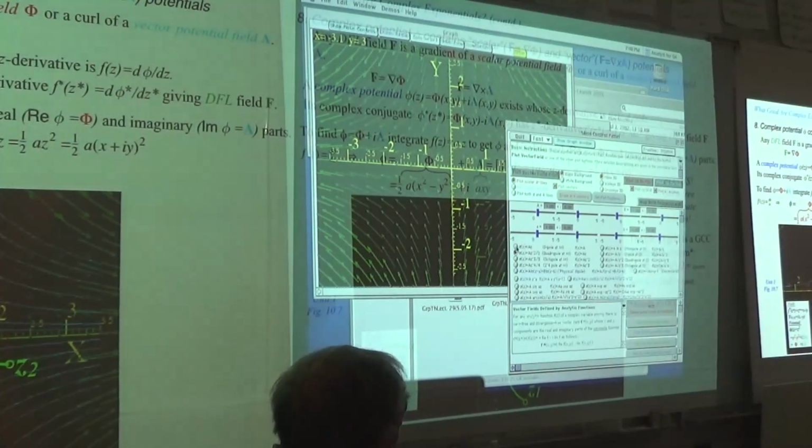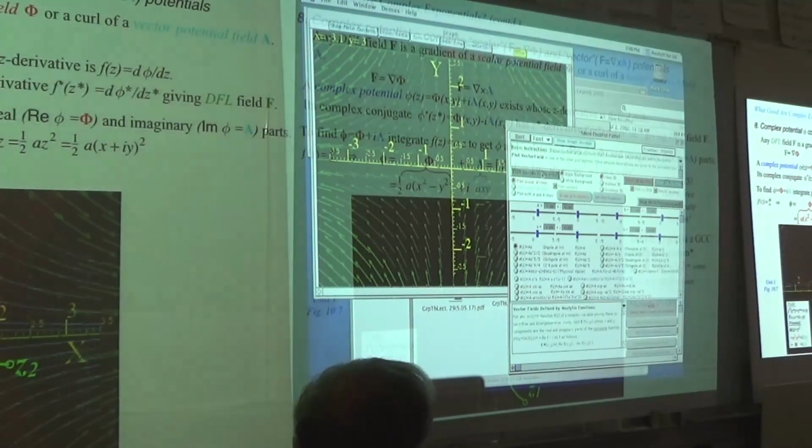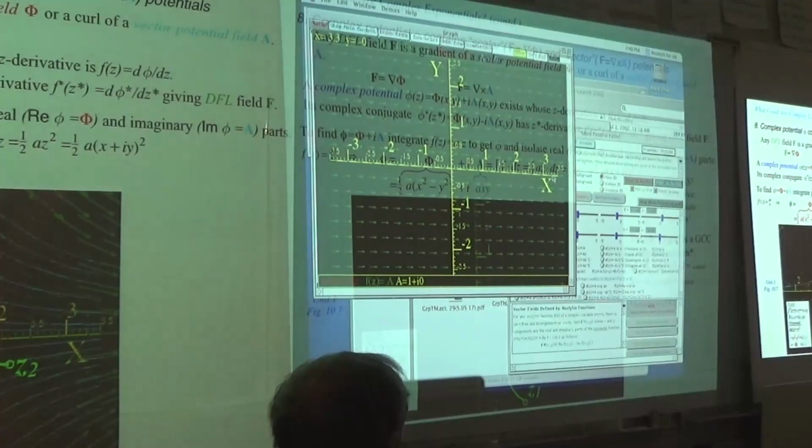But just for the heck of it, let me start off with the really simple one. That is f of z equal to a constant. And it's kind of what you might expect. So what I'm going to do here is go ahead and plot this function using a black background. And when we click on it, we're going to be able to get the scalar phi lines. So we'll just take this one step at a time here. Let's just go ahead and do it.